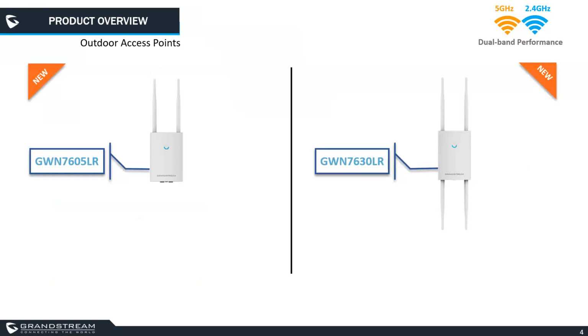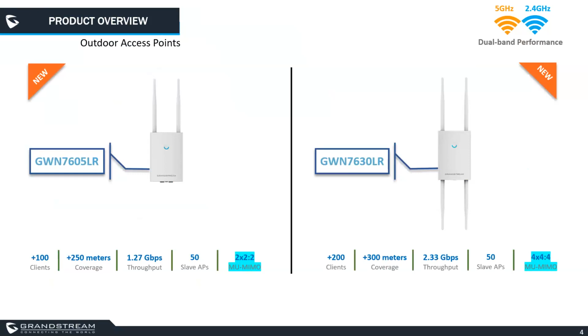They both have built-in controller to manage up to 50 access points. So the GWN 7605 LR comes with dual band 2x2 multi-user MIMO and can support up to 100 simultaneous wireless clients. It offers a throughput of 1.27 gigabits per second.